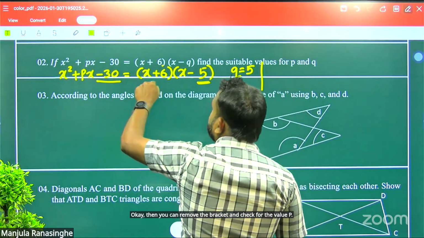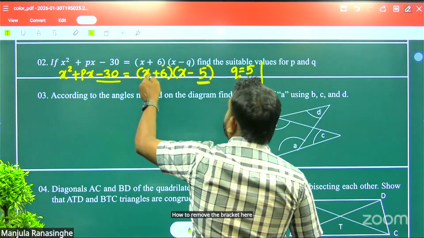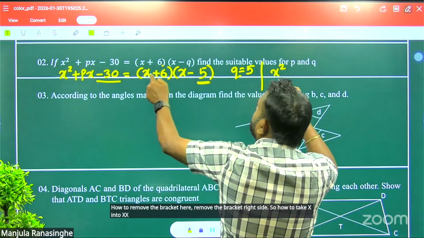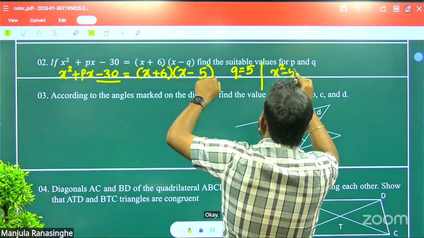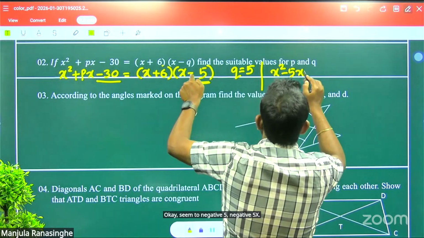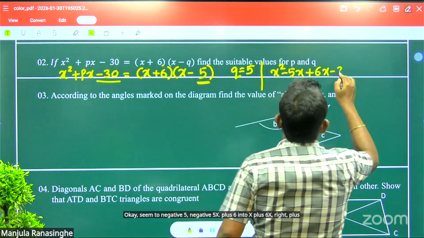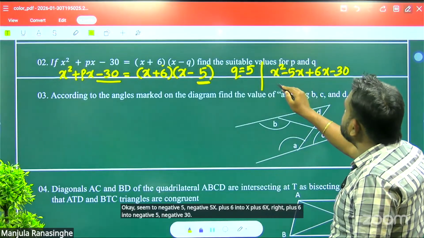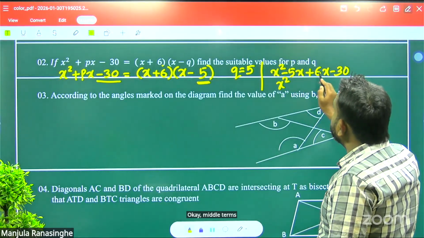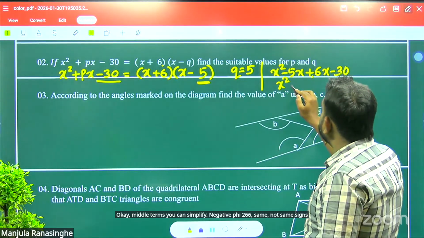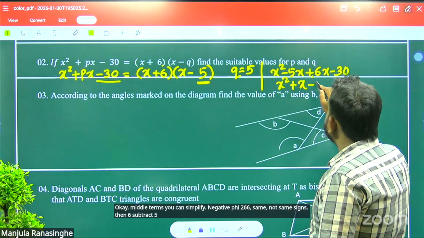How to remove the bracket here? Remove the bracket on the right side. x into x is x squared. x into negative 5 is negative 5x, plus 6 into x is 6x, plus 6 into negative 5 is negative 30. Middle terms you can simplify: negative 5x and positive 6x, not the same signs, so 6 subtract 5 is positive 1x, minus 30.